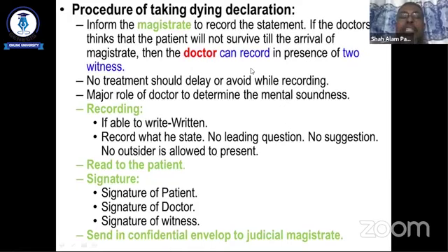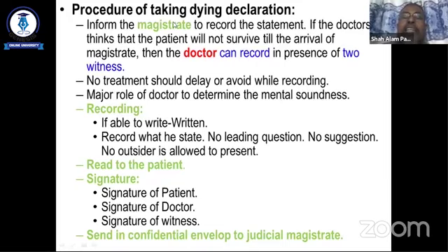These witnesses should never be the relatives or attendants of the patient. They should be your ward boy or ayah or sister of the hospital. No treatment should be delayed or avoided while recording. The major role of the doctor is to determine the mental soundness.